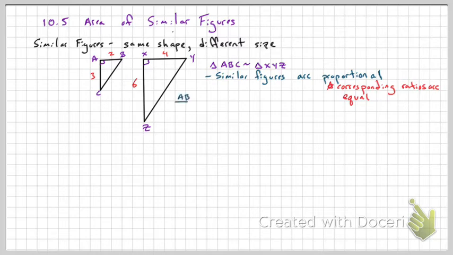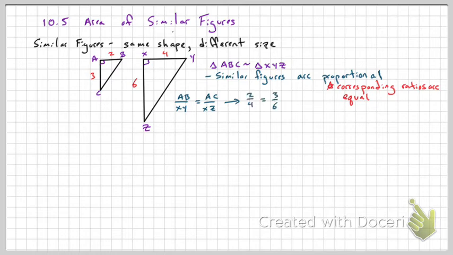If I were to do side AB over side XY, notice that AB is in the same relative position as XY, and then AC is in the same relative position as XZ. Those are two corresponding ratios. Because these figures are similar, that makes them equal, because they're proportional.